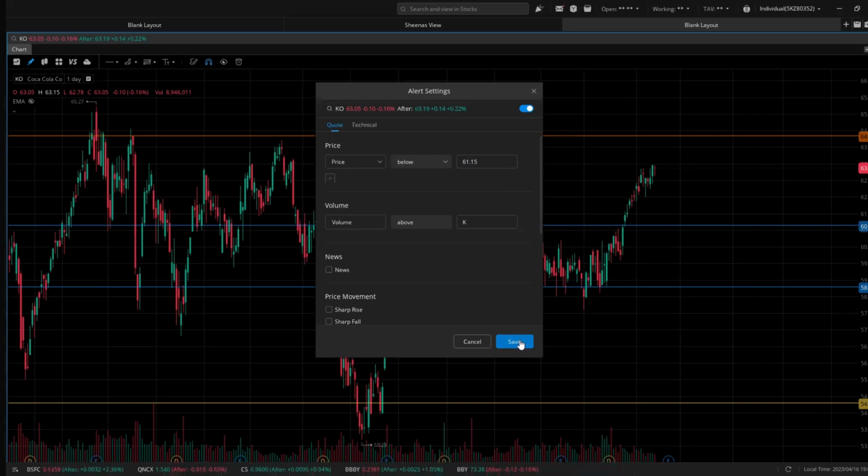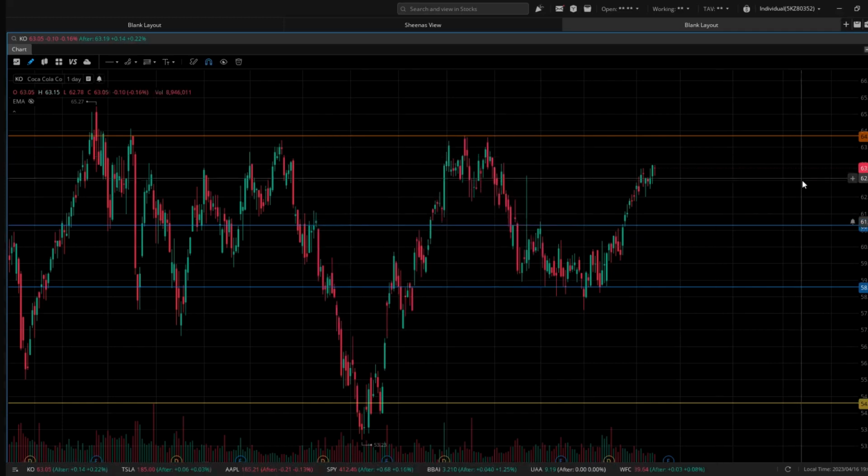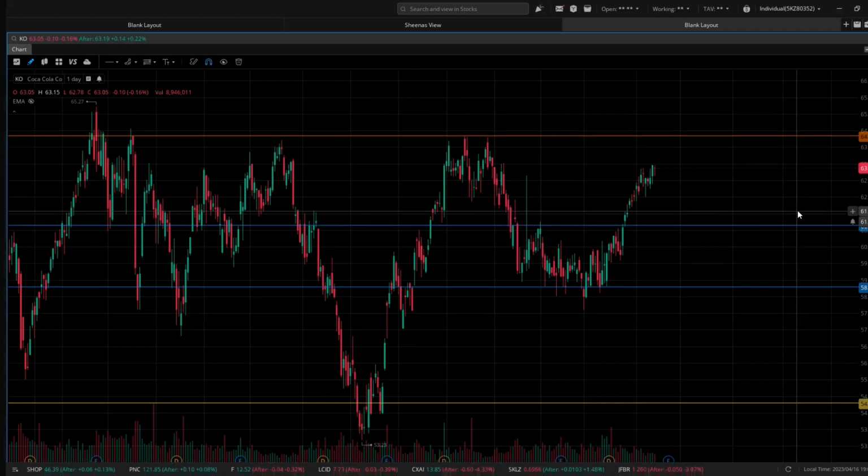I'll also get an alert on my phone because I have the Webull app. So I'm going to save that. And so when the price reaches below 61.15, I may be looking to get into a long trade or a bullish trade on Coca Cola for a swing trade for maybe $2 or $3.